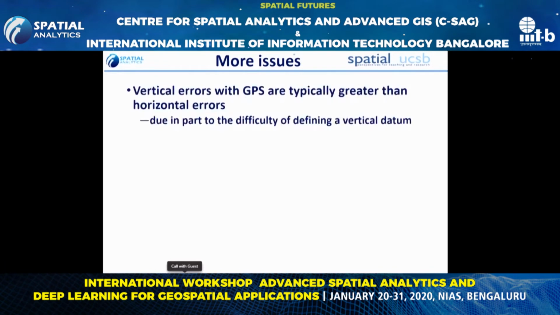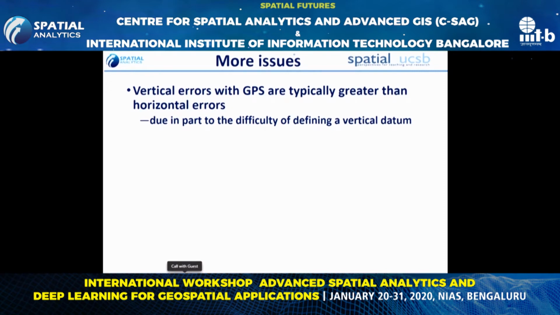And more issues. This one, I think, is often overlooked, and for reasons which I'll explain later. The point here is that vertical errors with GPS are typically greater than horizontal errors. And the reason for this lies in the difficulty of defining a vertical datum. What is zero for elevation?